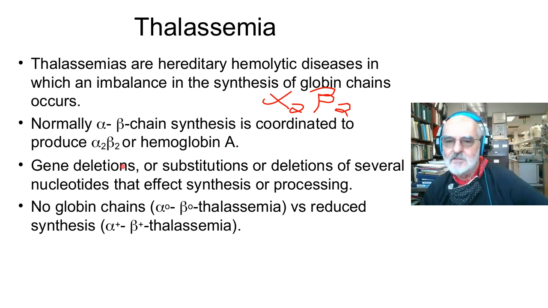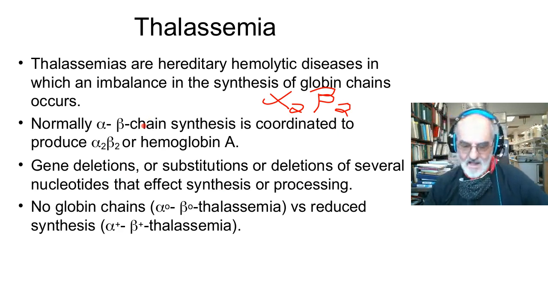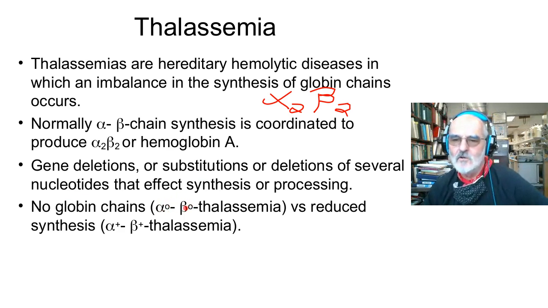And this can be due to gene deletions of several nucleotides, or it can be due to nucleotide mutations that affect synthesis and processing. The general nomenclature is that if you have complete loss of alpha or beta, they're called alpha naught or beta naught, beta 0, okay?